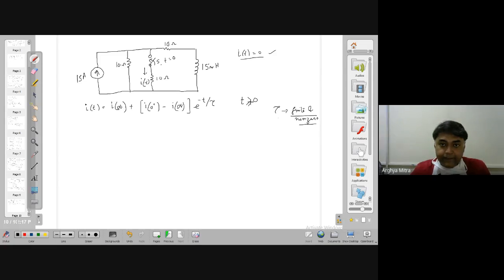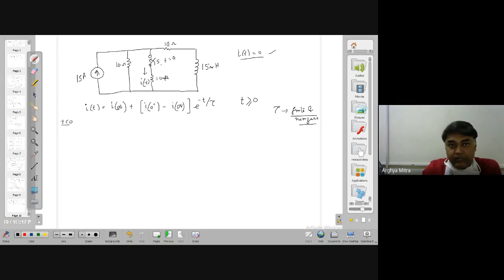Let me see how I can handle this. I have to go with two conditions. One is t less than 0. For t less than 0, this switch was open, and this will behave as if it is short circuited.